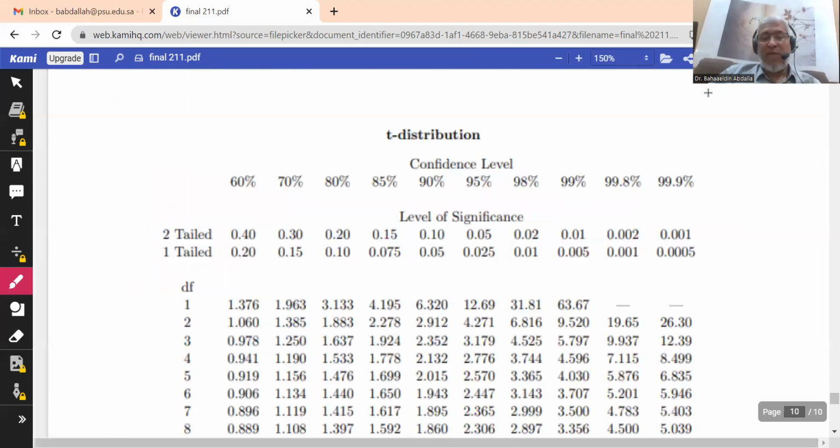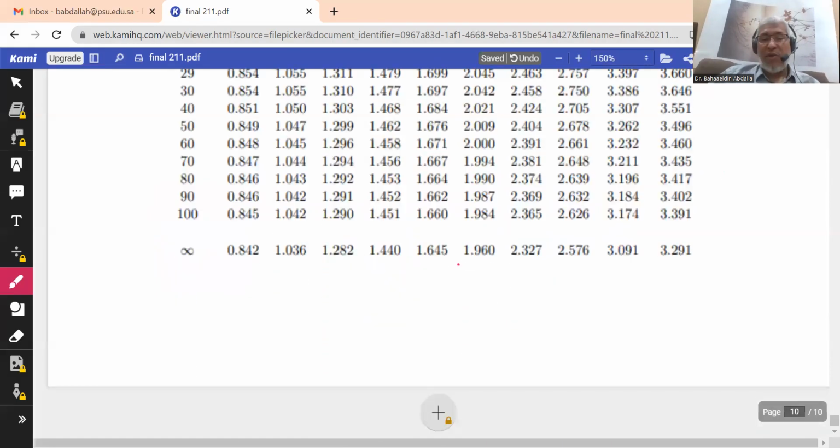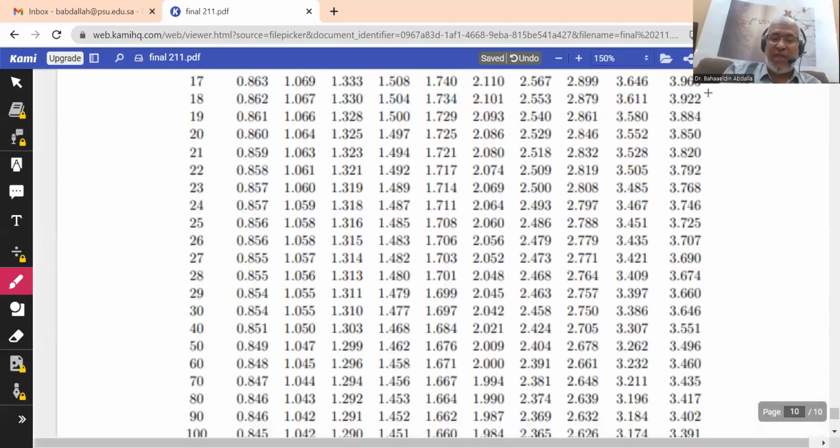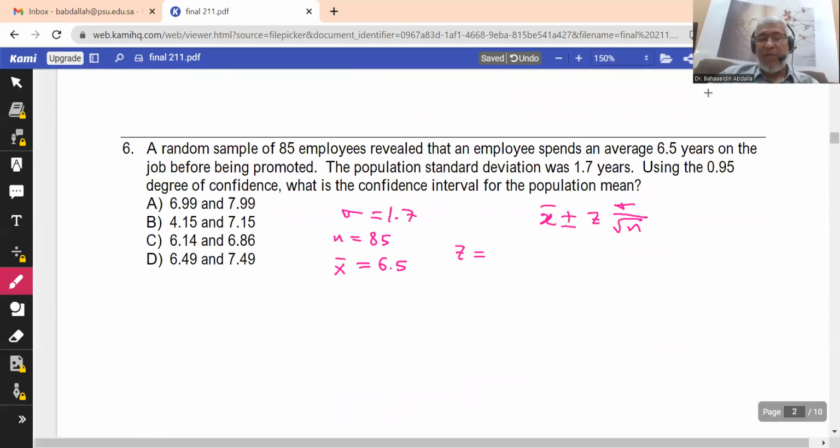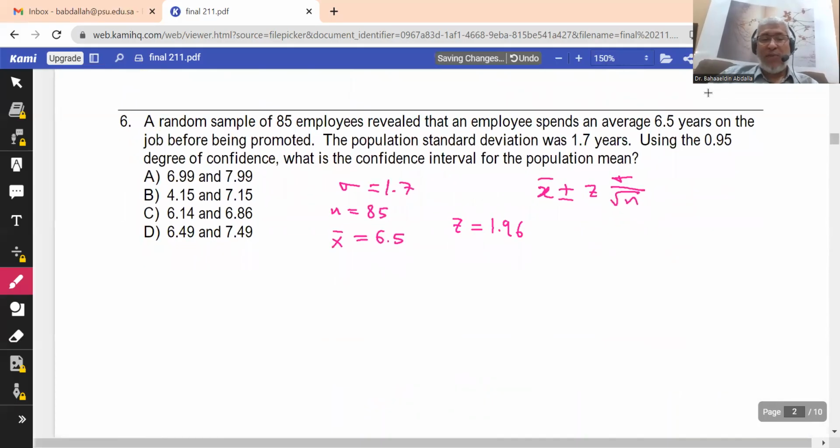Here the t table is given, and this is the 95% confidence level. If you go down in this column at the end, the last number is 1.96. This is the z value. So z here is 1.96. So x bar is 6.5 plus or minus 1.96 times sigma, which is 1.7 over square root of 85.